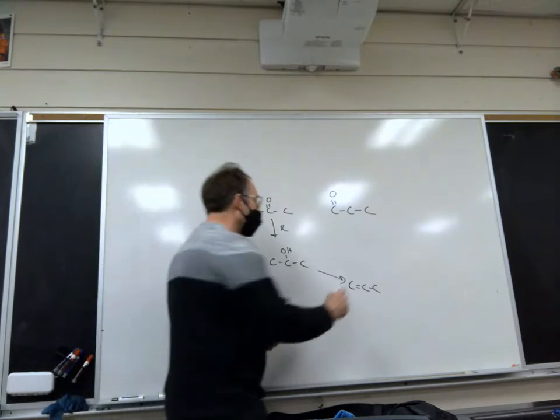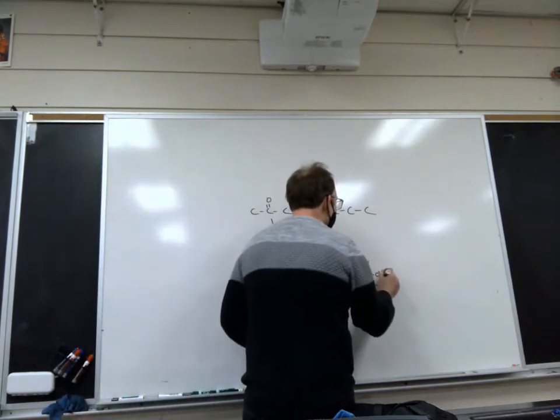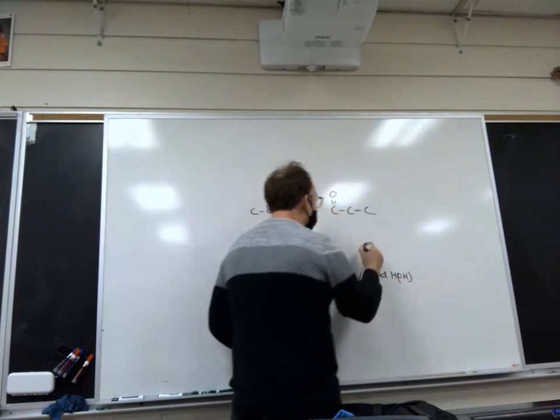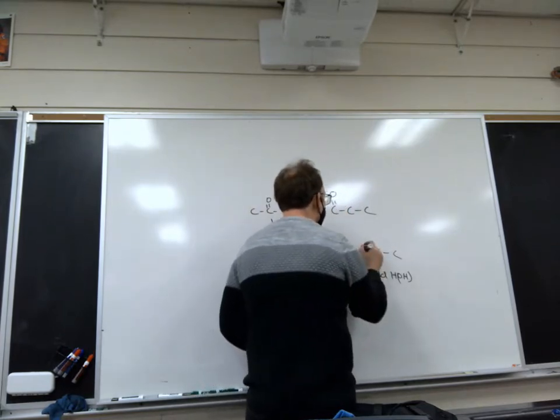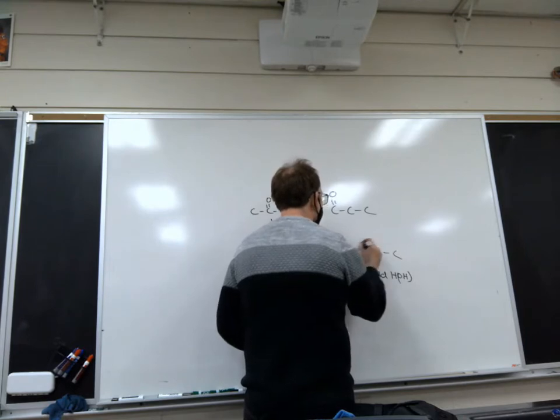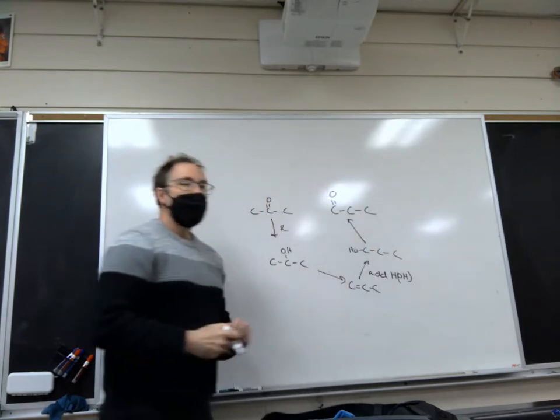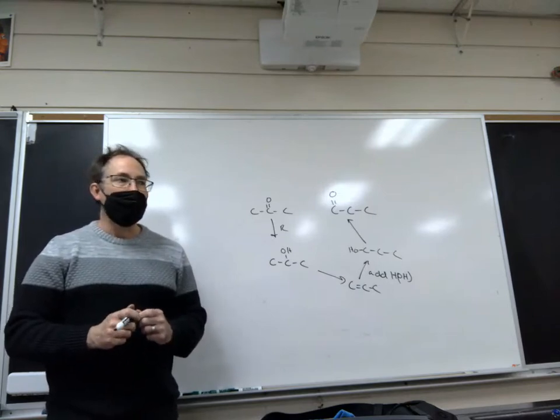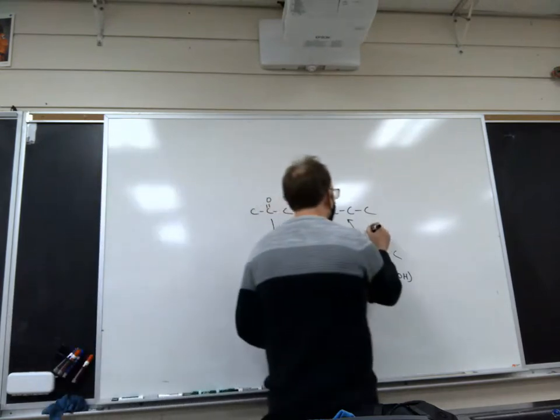You have to add it back on. Yep, you need to get to an alcohol now. You cannot make a C double bonded O without getting to an alcohol. What's the reaction called when we make a C double bonded O? Oxidization.